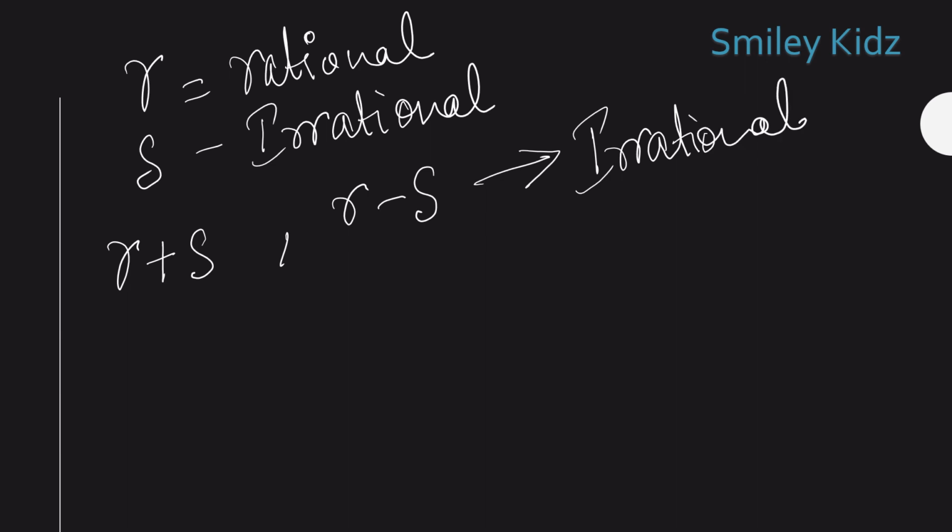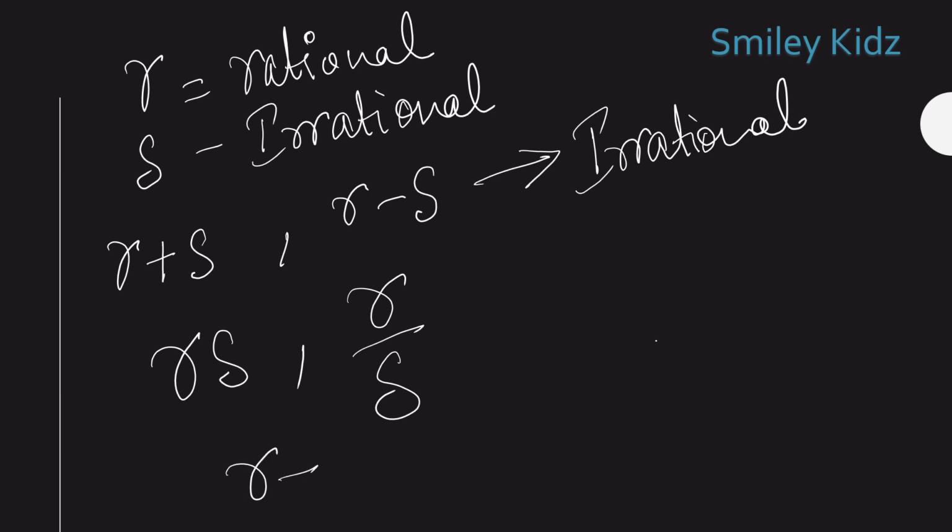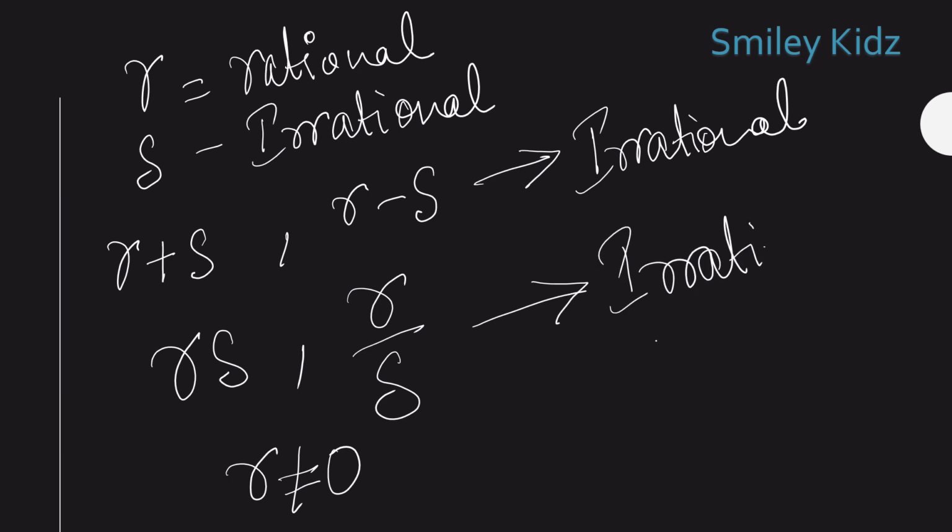And the product RS or division R by S of a non-zero rational number, that is R not equal to 0, with an irrational number is also an irrational number.